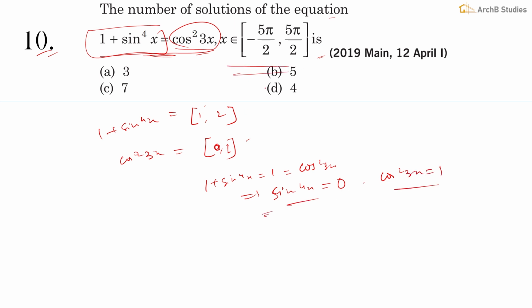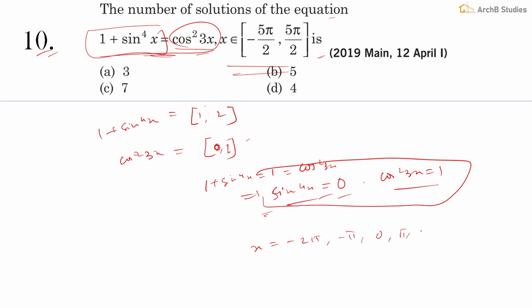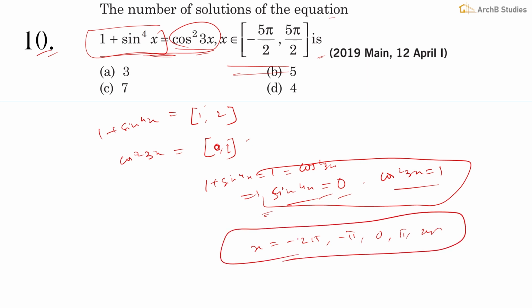Now it is given that x belongs to minus 5 pi by 2 to 5 pi by 2. So the values of x that will satisfy this will be minus 2 pi, minus pi, 0, pi, 2 pi. So all these 5 solutions are possible solutions. So this is the right answer.